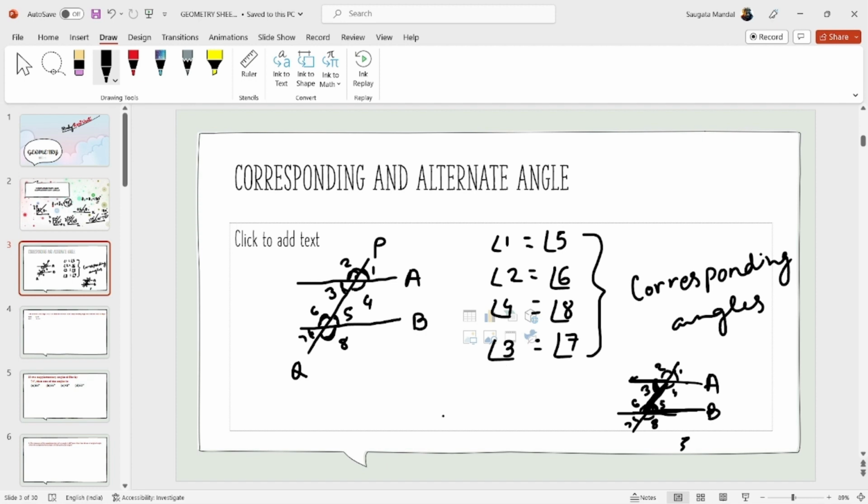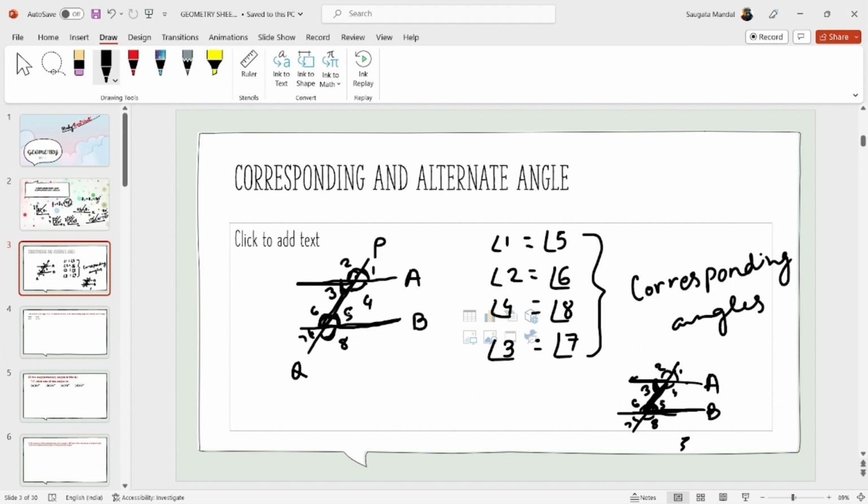In diagram 1, you can see the Z shape. In this Z shape in the diagram, the angle theta 3 is equal to theta 5 and angle theta 4 is equal to theta 6. They are alternate angles to each other.